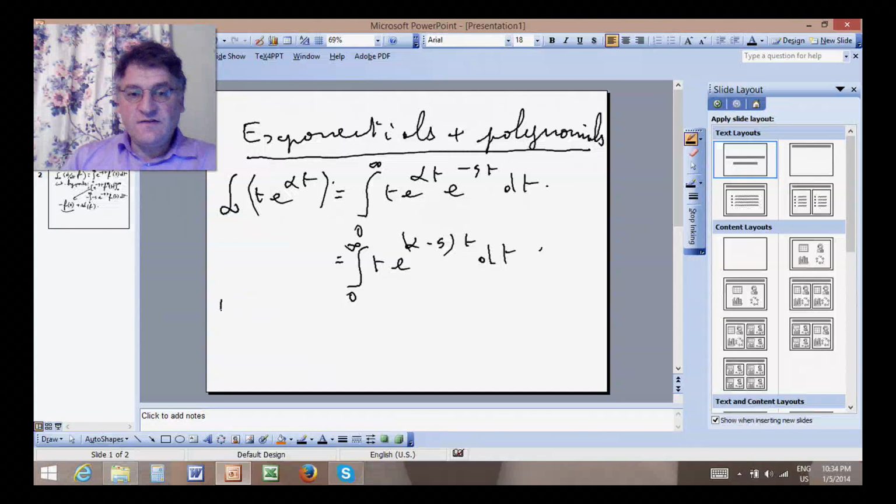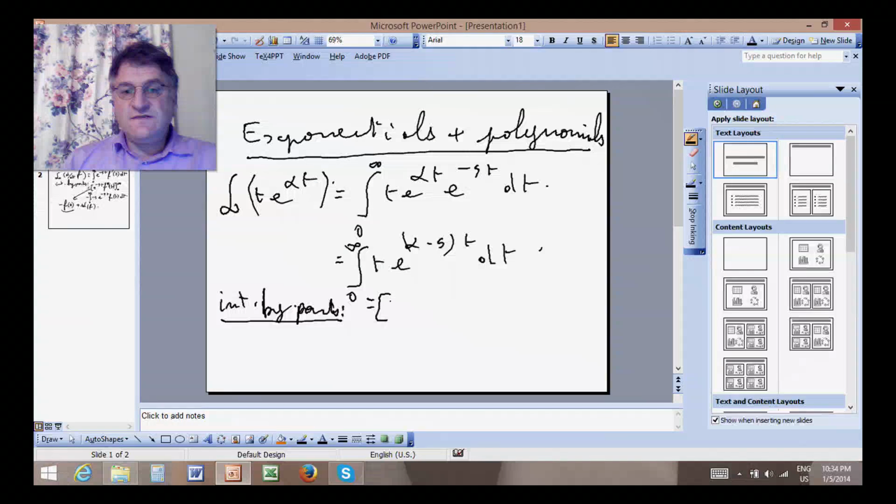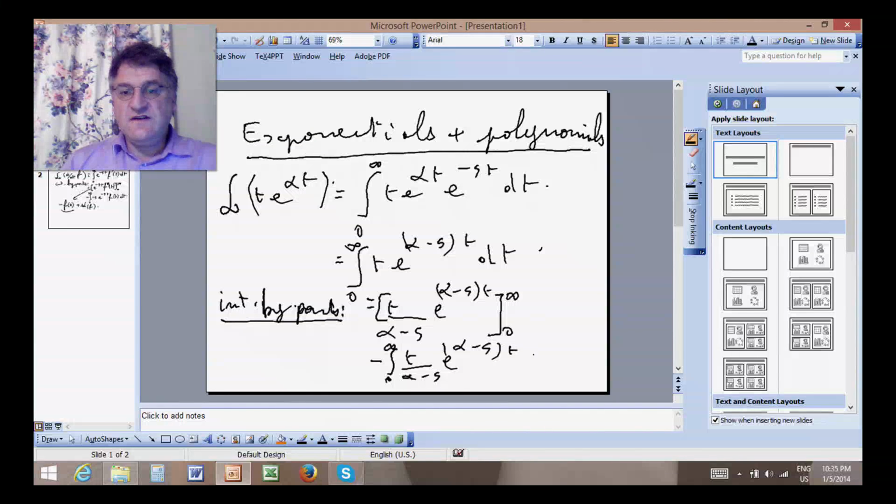Now, if I integrate by parts, what I do is I take the derivative of this guy, I integrate this guy, and I obtain t over (alpha minus s) times e to the (alpha minus s) t taken between 0 and infinity, and then minus the integral from 0 to infinity of t divided by (alpha minus s) e to the (alpha minus s) t dt.